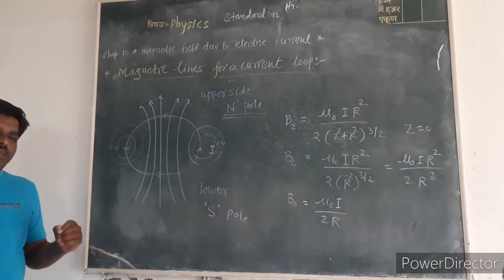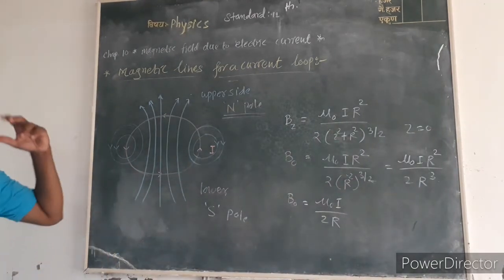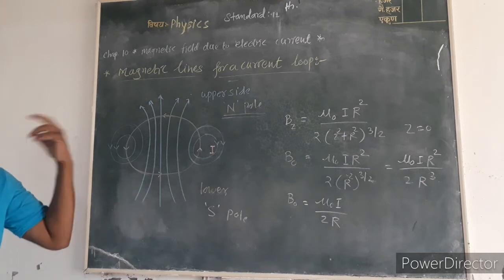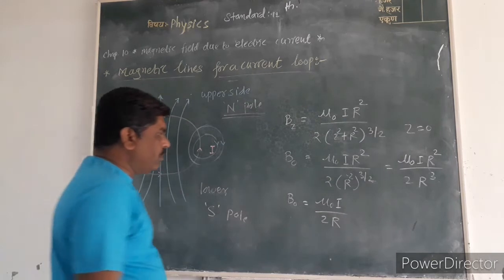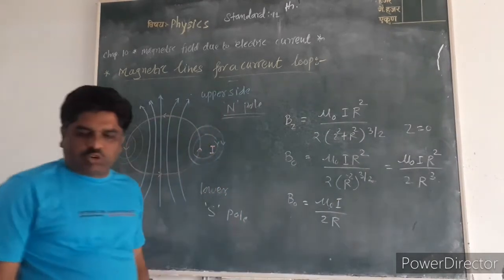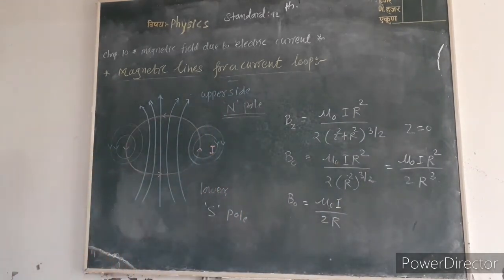Then the magnetic field when the point P is at the center of the circular loop is B0 equal to mu 0 I upon 2r.